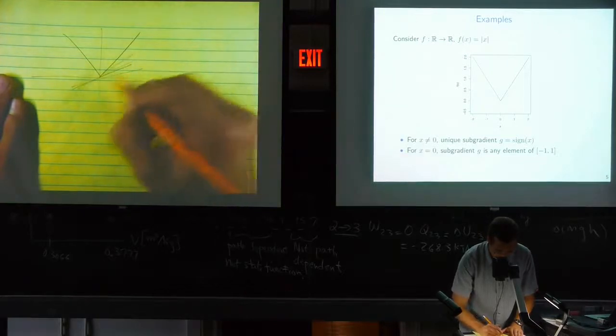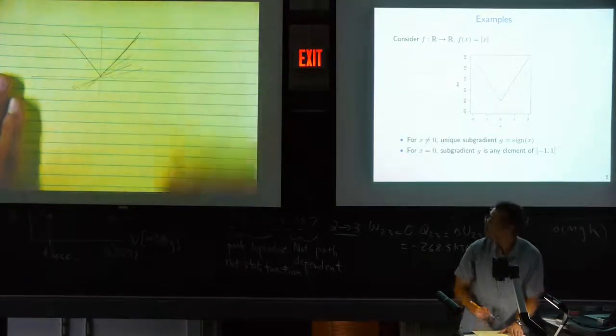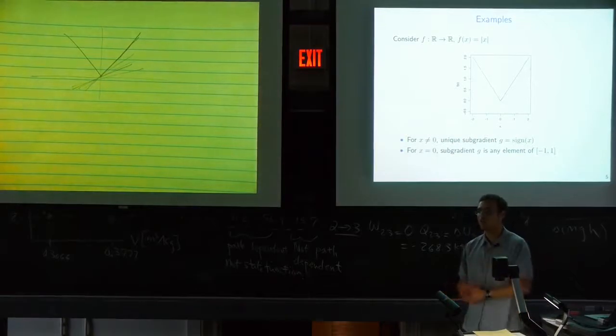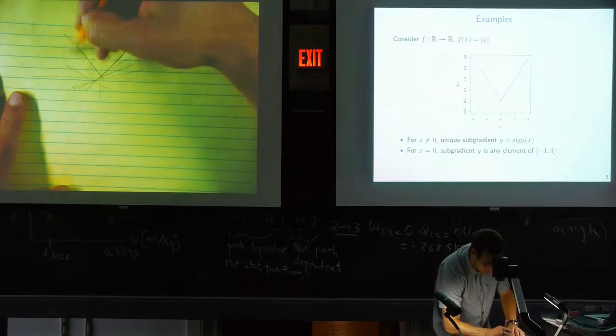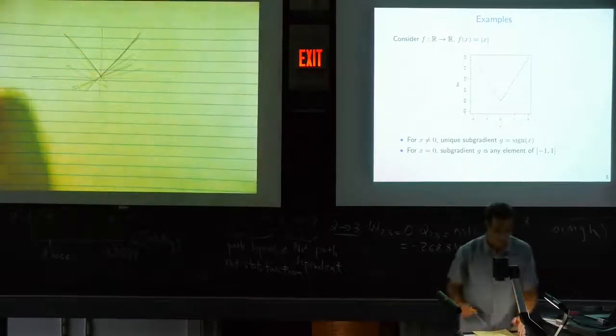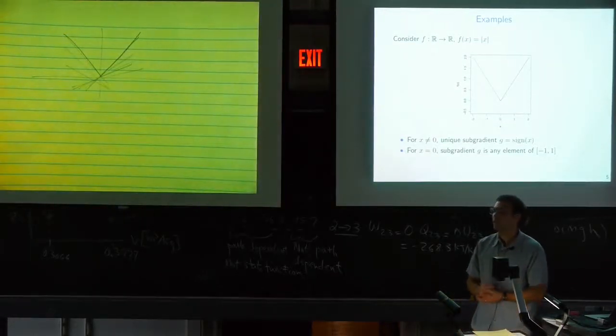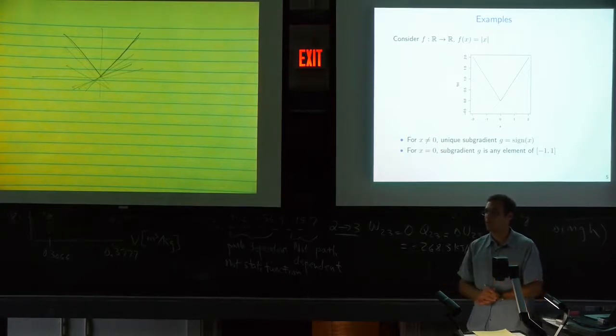But the steepest we can make that is 1. Otherwise, it would pass through the function. So we know that any positive value less than or equal to 1 works. The same thing with negative values, right? Any of these work. So anything between minus 1 and 1 is a subgradient at 0.